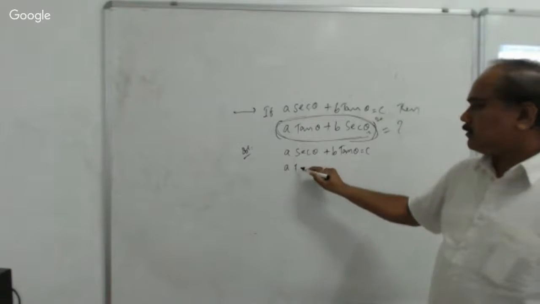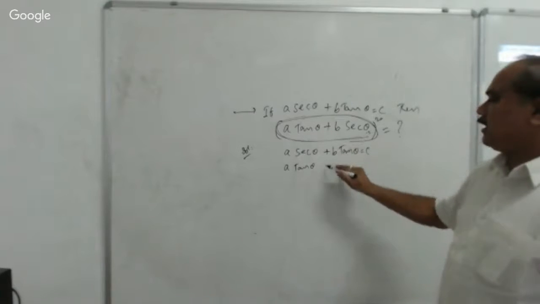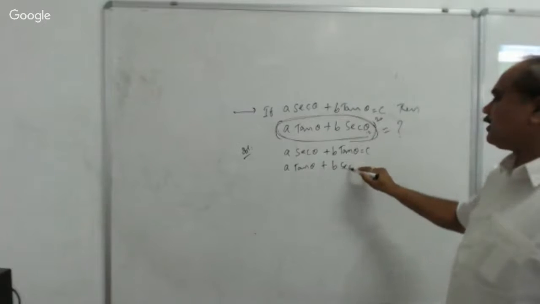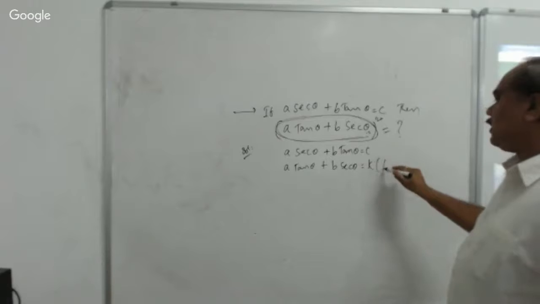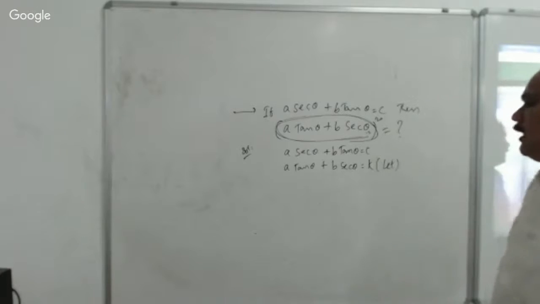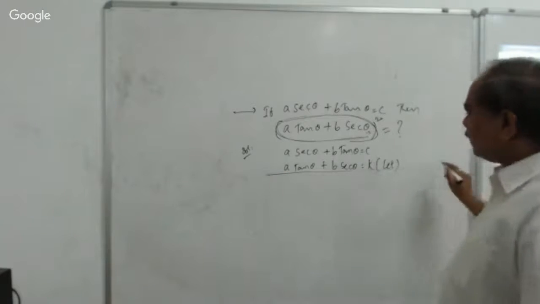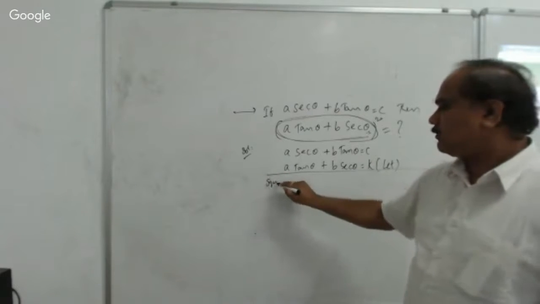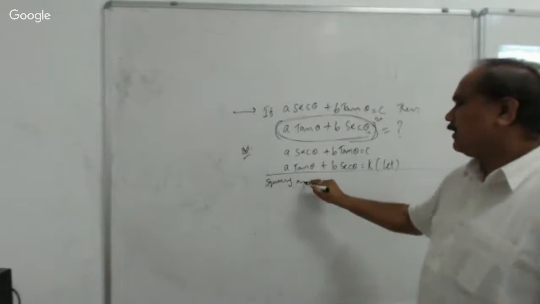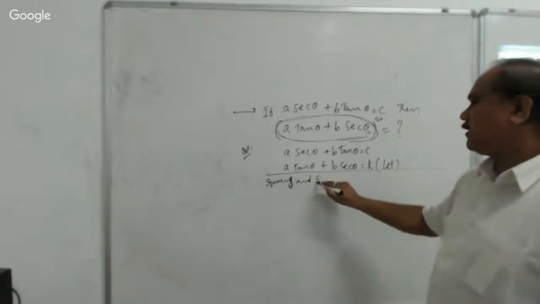Now a tan theta plus b sec theta equals k. Let that expression be k. Now same method, squaring and subtracting.